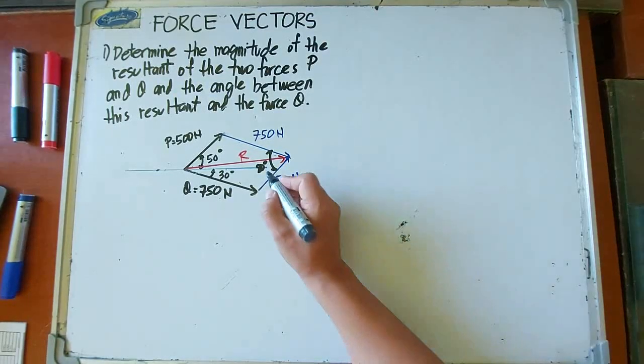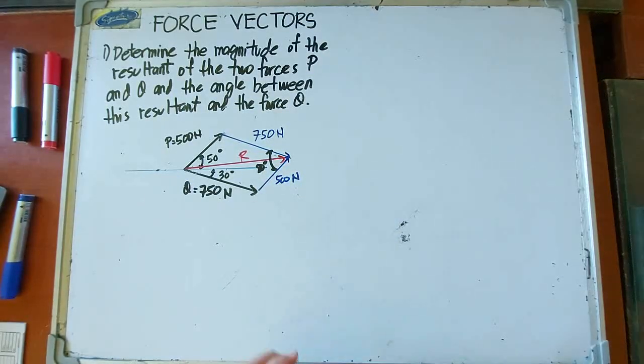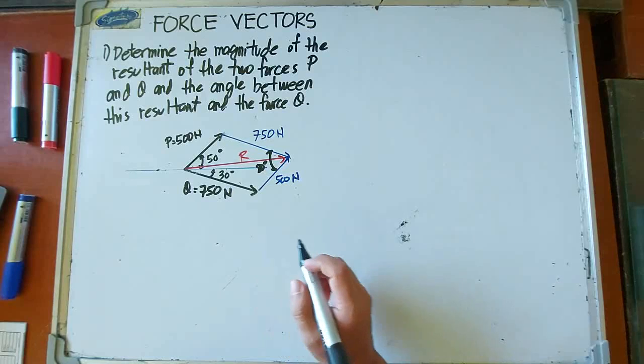So if this is 80 degrees, ilan ba ang total interior angle ng parallelogram? Ilan? Yan ang total interior angle ng isang parallelogram. We have 360.